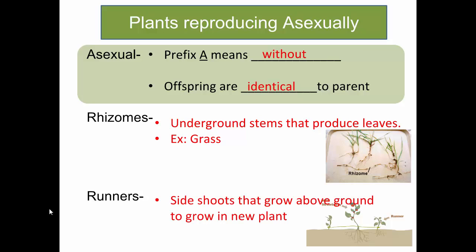Strawberries, for example, and some lawn weeds grow in a similar way, but when it's above ground, we call them runners. A stem grows above the ground, and then when it touches some bare soil, it grows roots, which develop into a new plant. And so plants can colonize an area using runners as well.